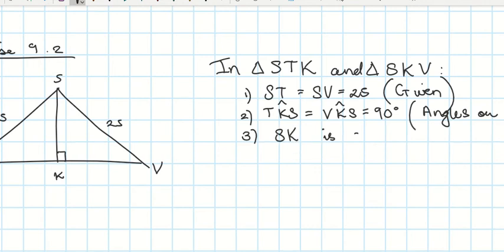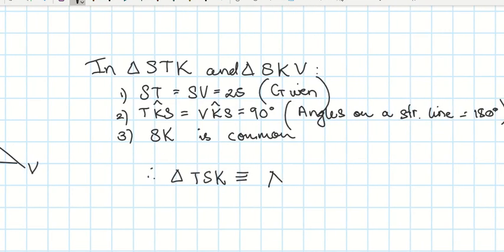SK is common, and then therefore we can say that that means triangle TSK is congruent to which triangle? To now which side is congruent to which angle is congruent? V. All right.